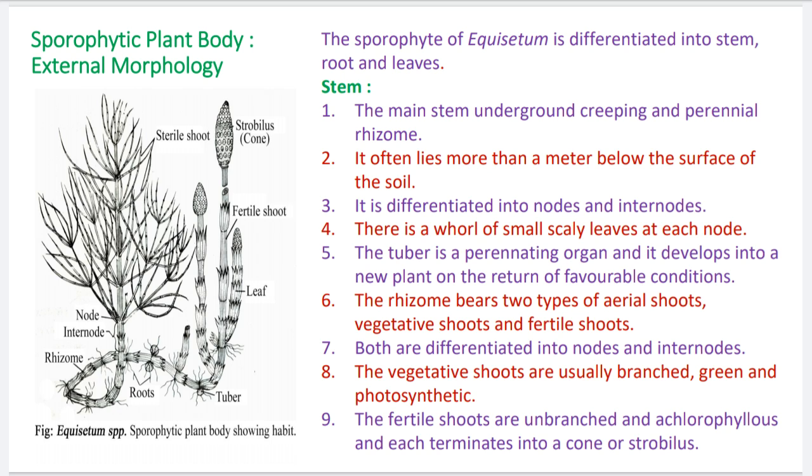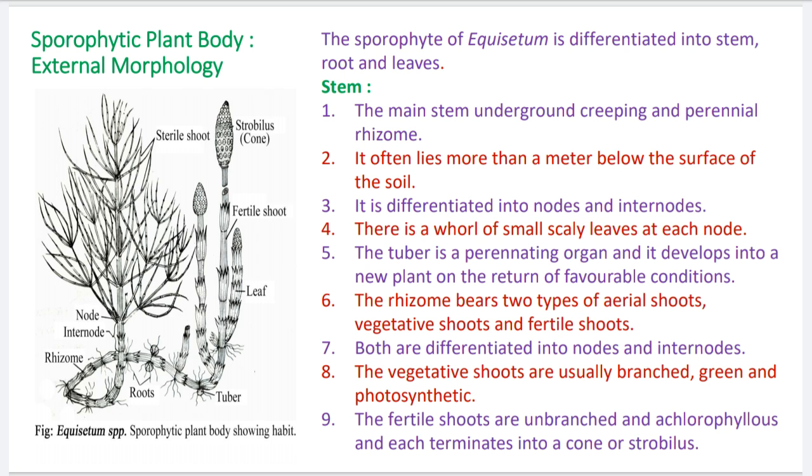So at the tip of the fertile branches there is a strobilus, but in sterile shoots there are no cones. Then roots are developed from the underground rhizome, and the roots are simple and adventitious. Another structure also produced by the underground rhizome is the tubers.